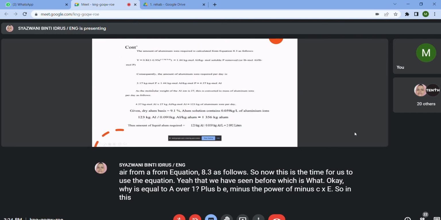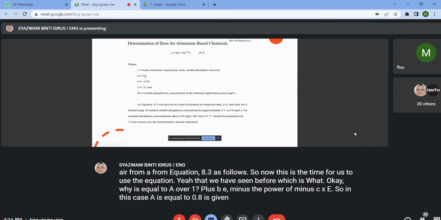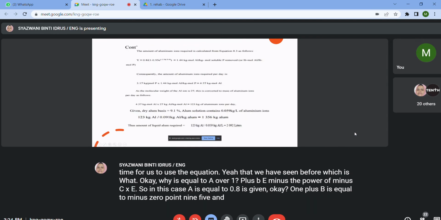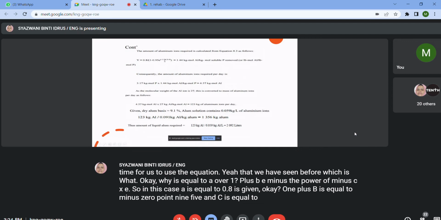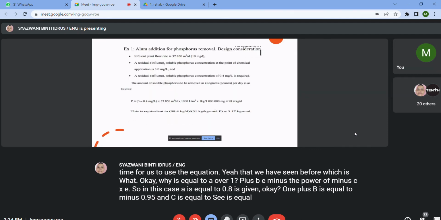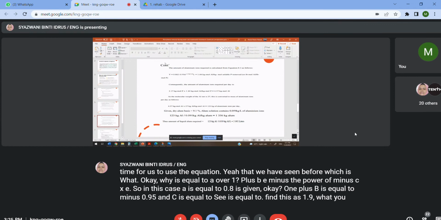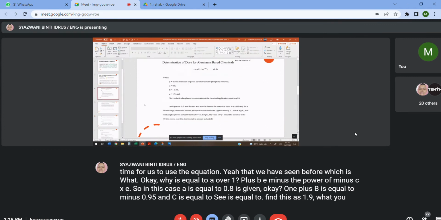In this case, A is equal to 0.8, given. B is equal to minus 0.95 and C is equal to, I remember the equation, C is equal to minus 1.9. What is the value? Sorry, let me check because I can't remember.